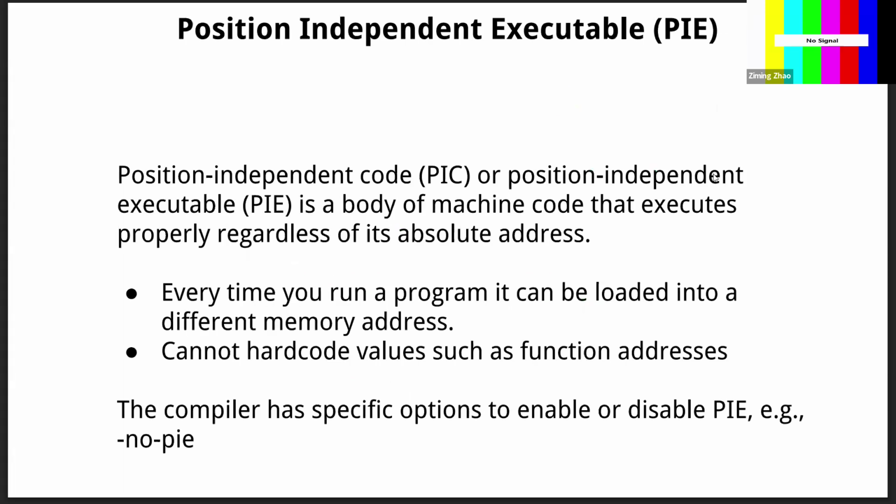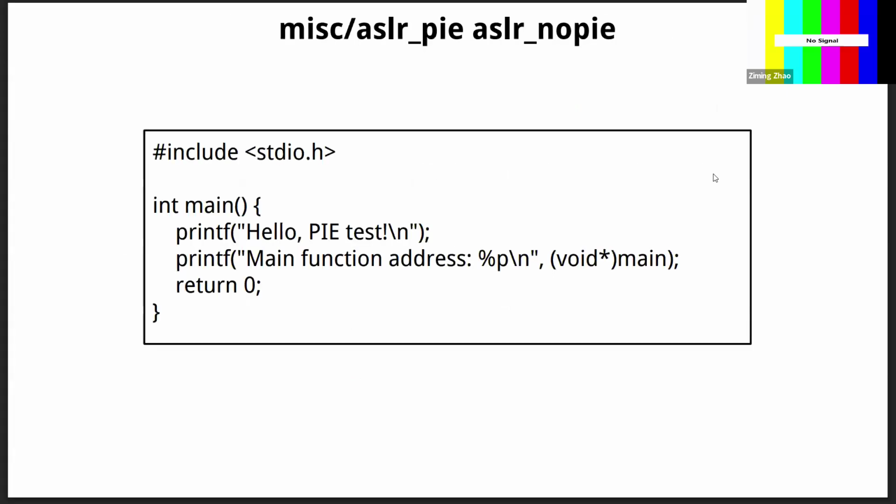A little bit more on this PIE. Like I said, it makes sure that the piece of code can run anywhere. It doesn't need to be hard coded. We use 2 simple examples to show this. A simple program, with PIE and ASLR, and no PIE, the same program.